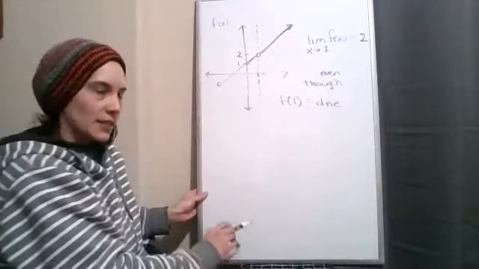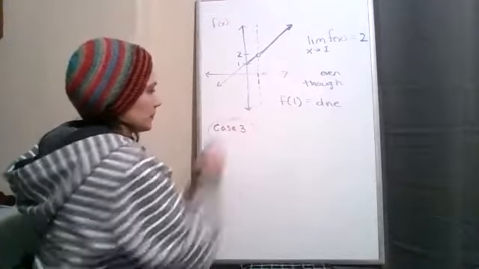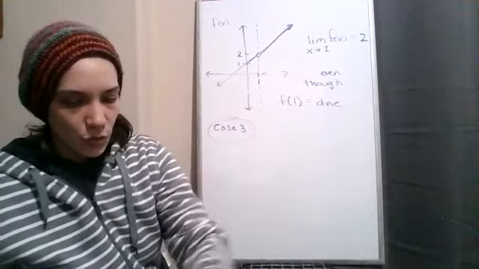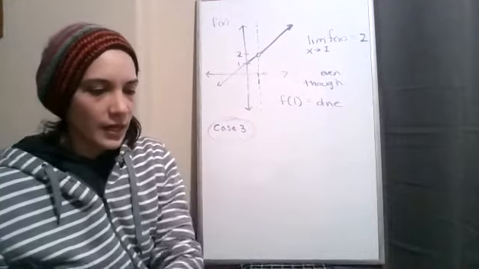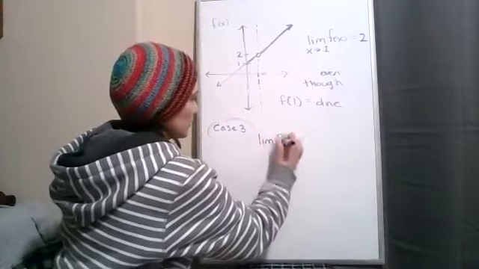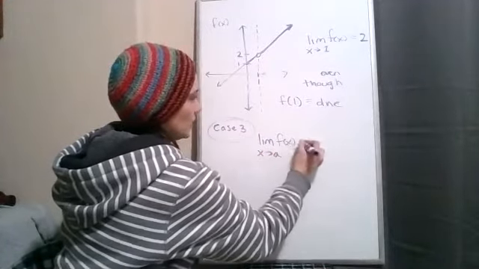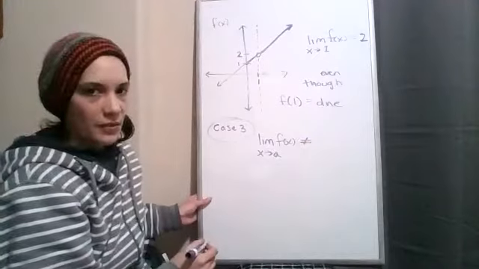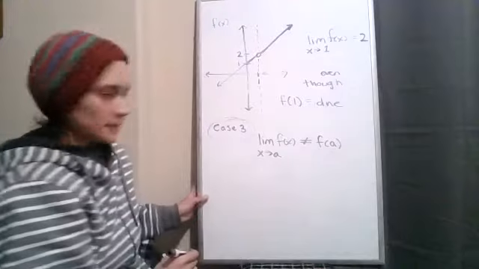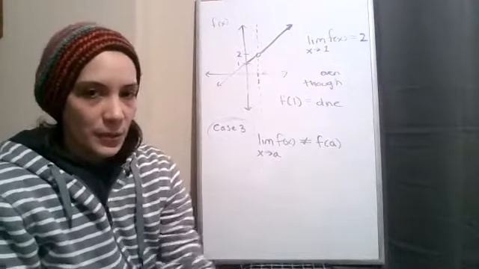Last case is case 3, where the limit of f of x as x goes to a is not equal to f of a. So I have a piecewise function.